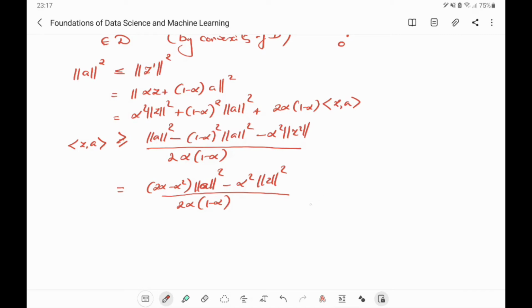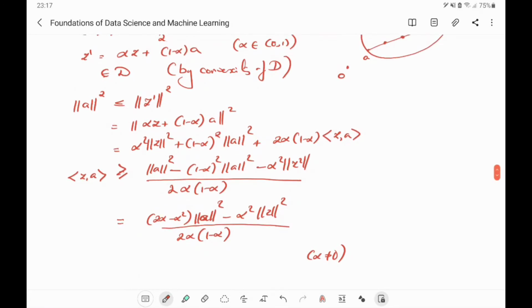Now if I assume that alpha is not equal to 0, which I already have, because that's why I said alpha is in the open interval 0, 1, I can cancel out an alpha, and I'll get 2 minus alpha times norm of A the whole squared minus alpha times norm of Z the whole squared, divided by 2 times 1 minus alpha.